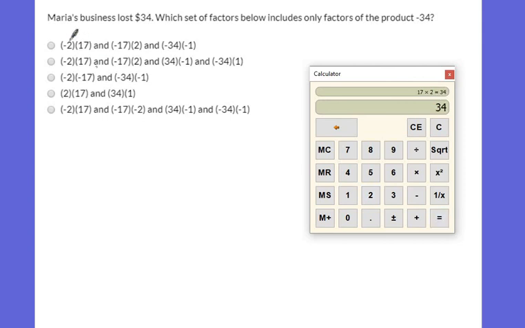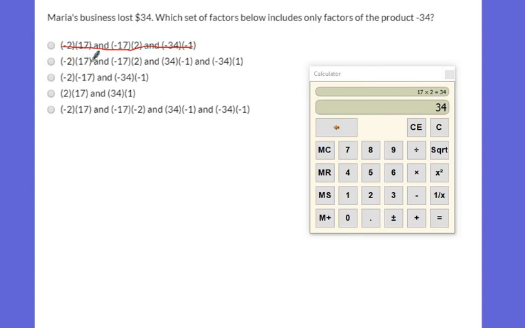It does. So I have a negative times a positive. That's going to give me a negative, so that's good. 17 times 2 gives me 34, so that's good. A negative times a negative, that's an even number, so that's going to turn positive. So this did not work out. So this is not good.